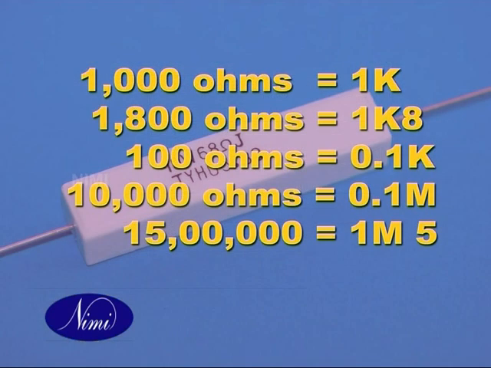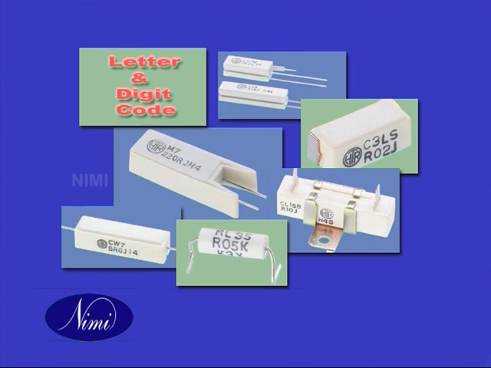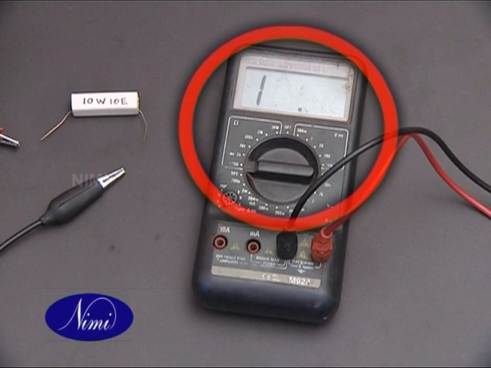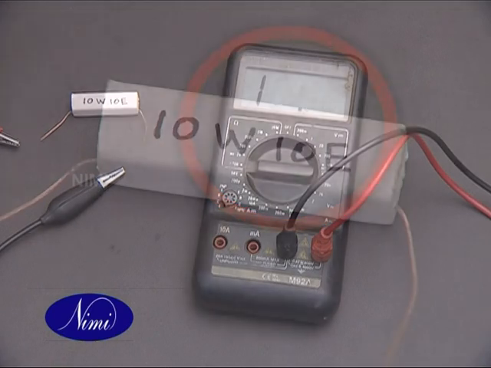Large value resistances are expressed in kilo ohms and mega ohms, represented by letters K and M. In the letter and digit code system, numbers and letters are used. We can measure the value of resistors by using a multimeter.